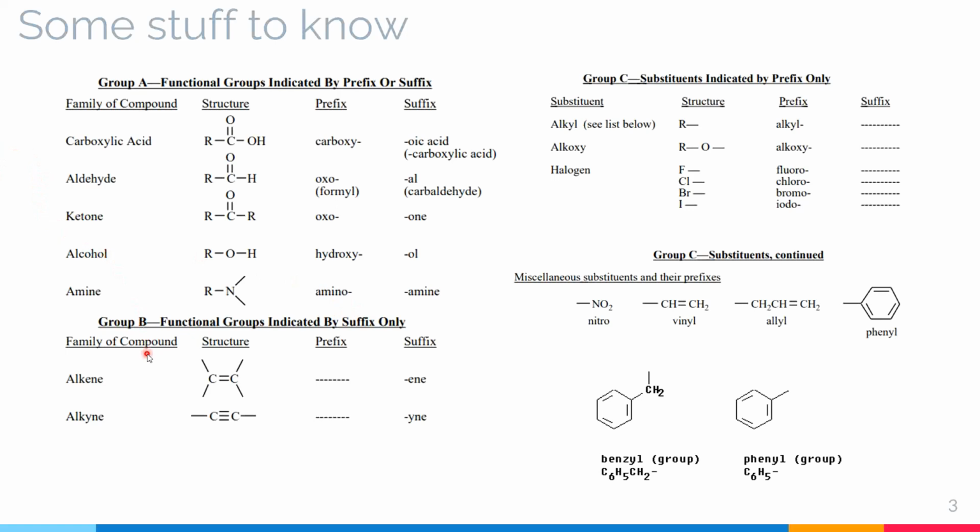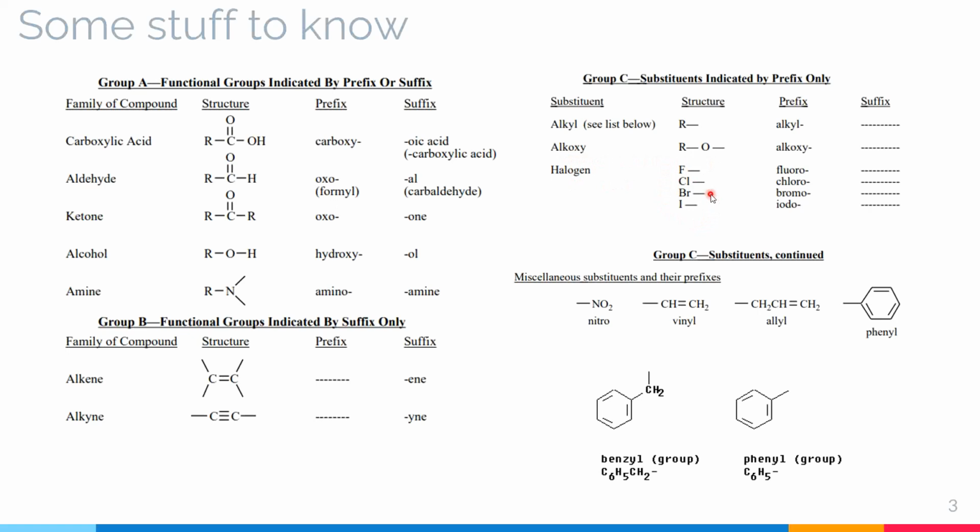Next is other functional groups. These are the alkanes and alkenes. And, rather the ones shown here are the alkenes and the alkynes, being the double bond and the triple bond. And here are other substituents, alkyls, alkoxy, halogens. Do note these.